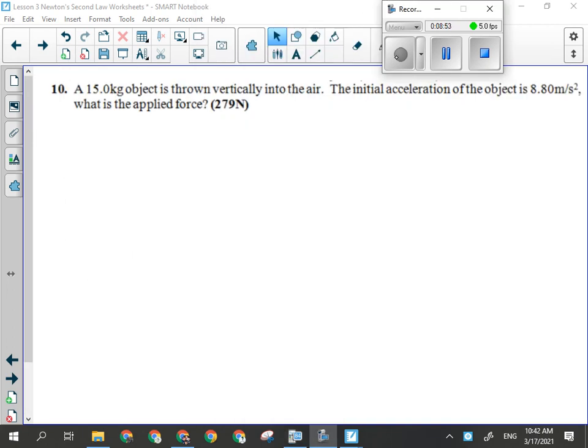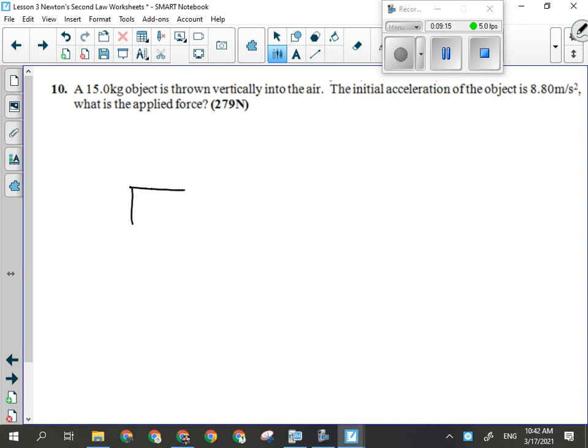Okay, guys, if I can get everybody's attention up here for number 10, because number 10 is a great question. It's an example I told you about the other day when we were talking about elevator questions. I said, if I word this question this way, people will forget it's an elevator. So I have this object that's thrown vertically into the air.